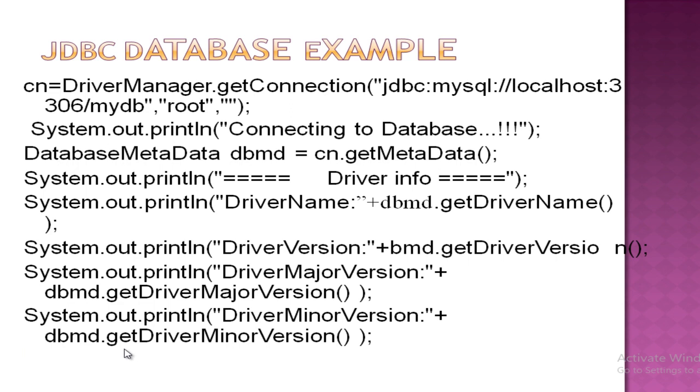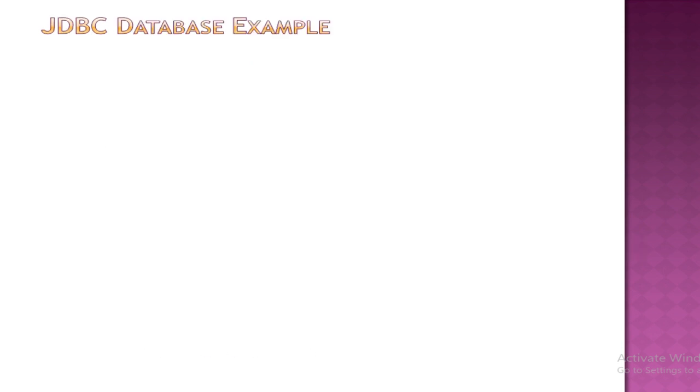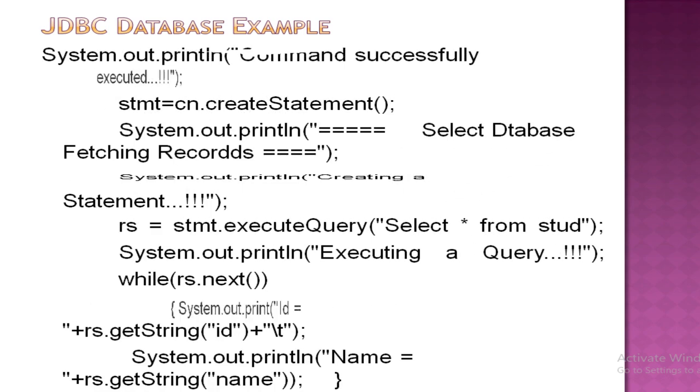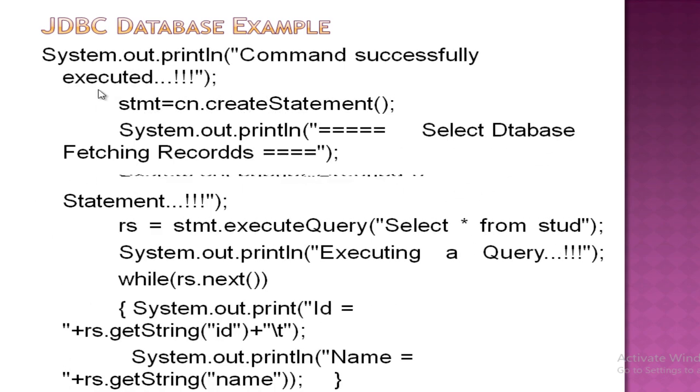Now dbmd.getDriverMinorVersion, so that will print the driver name, driver version, driver major version and driver minor version. Now System.out.println "Command successfully executed". If the command is successfully executed, it will print command successfully executed.